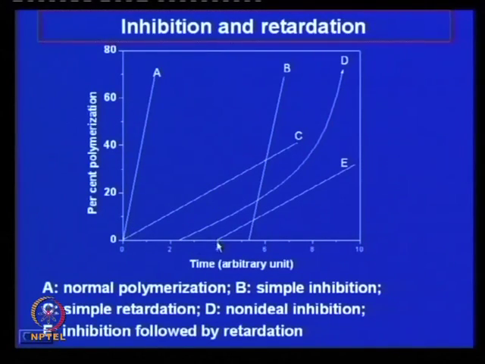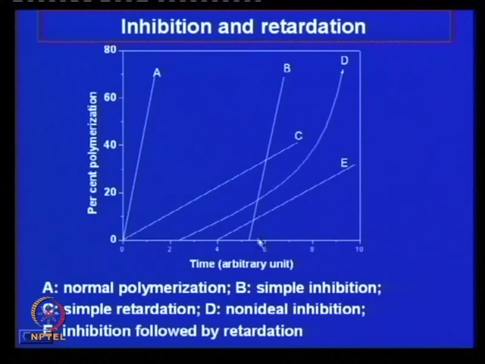Now, one case can happen, in this case E, inhibition. B is a simple inhibition, the rate is the same, but polymerization was not allowed to start. Say in the case of hydroquinone, you add hydroquinone to a monomer and store it in a bottle, that polymer will not grow, it will stop.